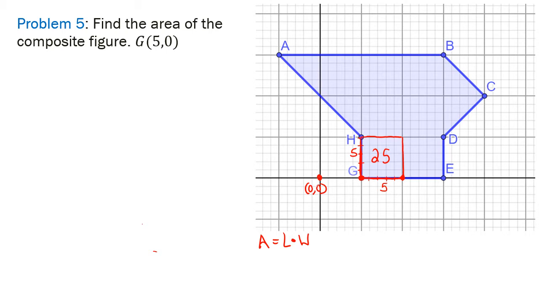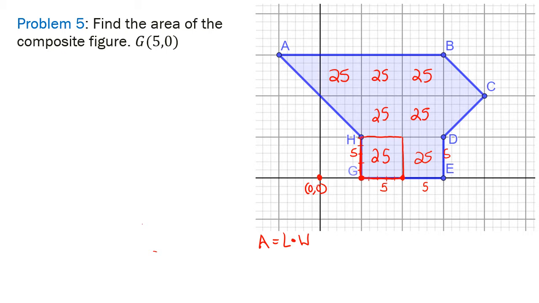So 1, 2, 3, 4, 5, and 1, 2, 3, 4, 5, counting up. 5 times 5 is 25. You'll notice that all these boxes in this picture are 25s because one side is 5 and the other side is 5. I'm going to write in all these as 25s.